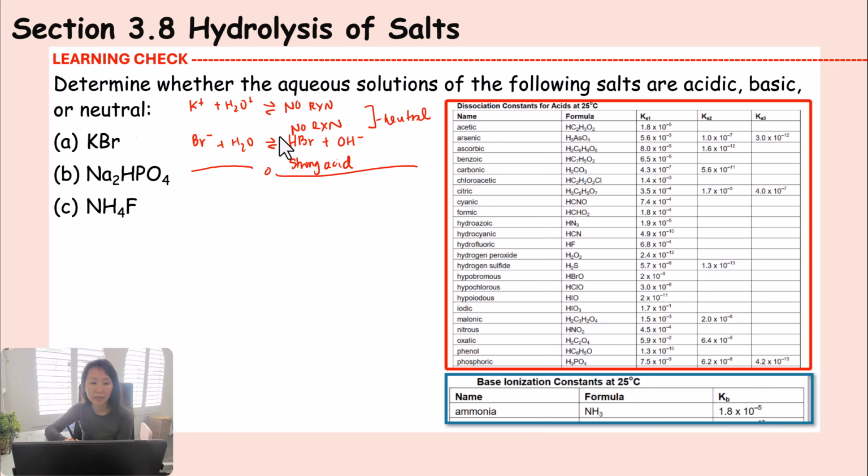For B, you'll notice that it is Na2HPO4. If this were to ionize, you would have 2 sodium and HPO4 2 minus.